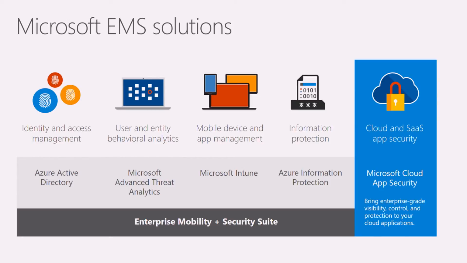You have Microsoft Advanced Threat Analytics to detect threats when your on-premises identities are hacked. You have Intune to manage mobile devices and separate corporate data from personal information on mobile devices and Windows. And you have Azure Information Protection to protect, classify, and make sure that wherever your data goes, it's secured.